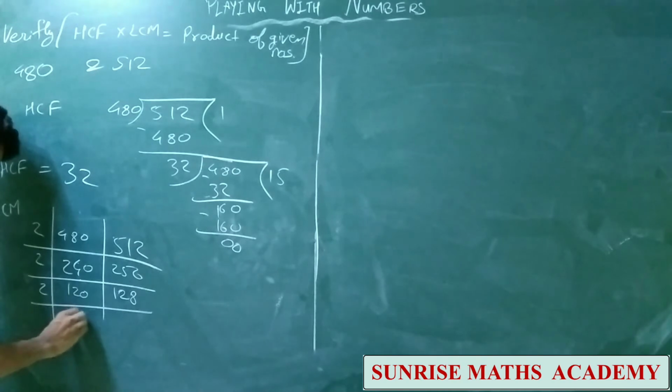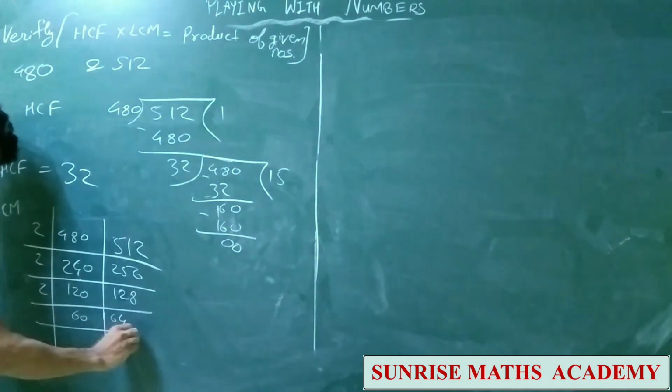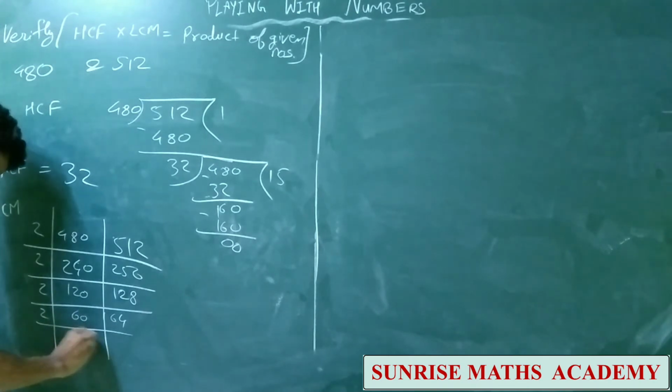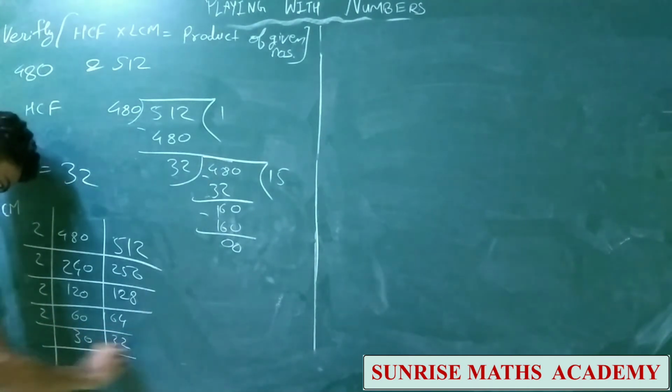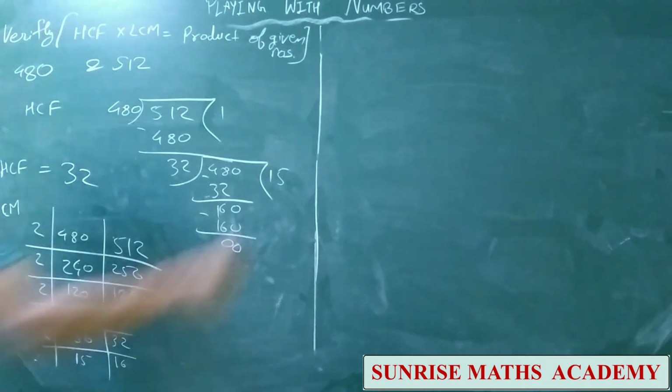Again, both are divisible by 2. Again, it is divisible by 2. Divisible by 2. Now there is no common factor. So LCM will be the product of these into these, because if we divide this by 15, we get 15 ones and 16 ones. So directly we will take the LCM.